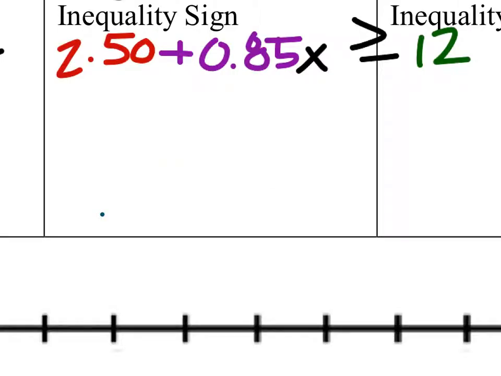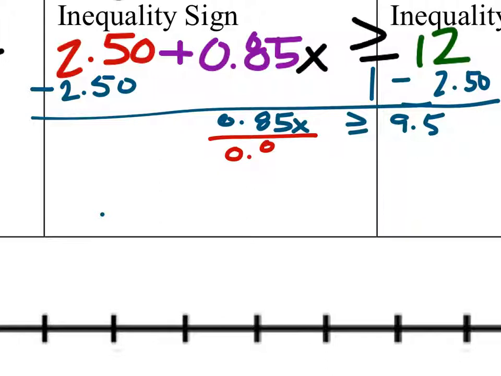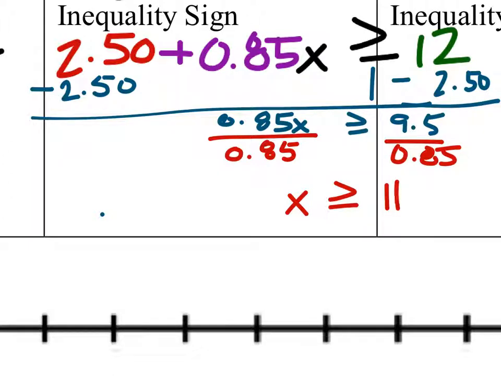So the first thing we need to do is get that 85-cent x by itself by subtracting 2.50 from both sides. And we got 0.85x is greater than or equal to 9.5. And now, to solve this, we'll divide both sides by 0.85, which we can do on a calculator to see that x is greater than or equal to 11.18, rounded.